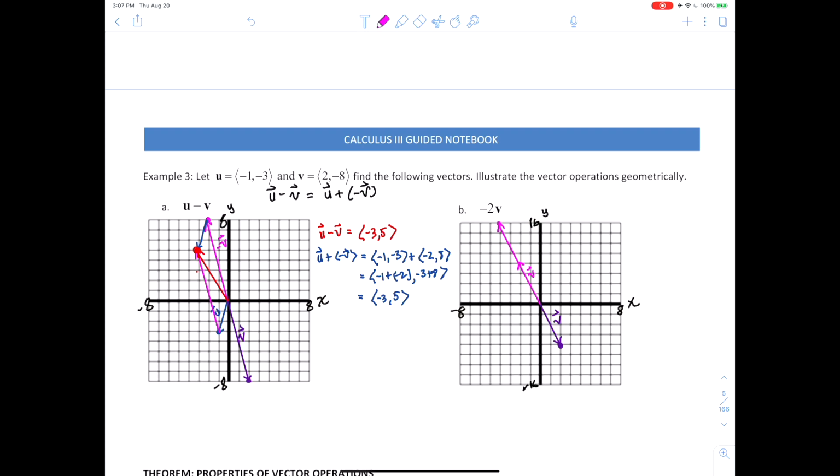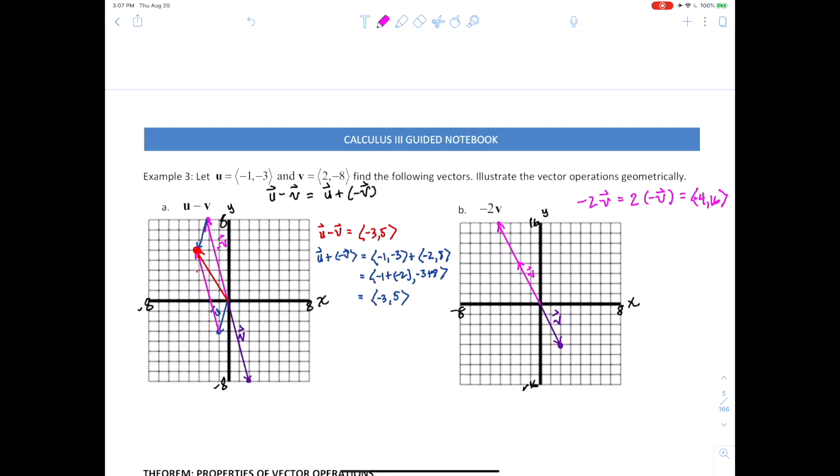Cool? So -2 times V, the way we worked it out geometrically, was we doubled -V. So we ended up getting -4, 16.